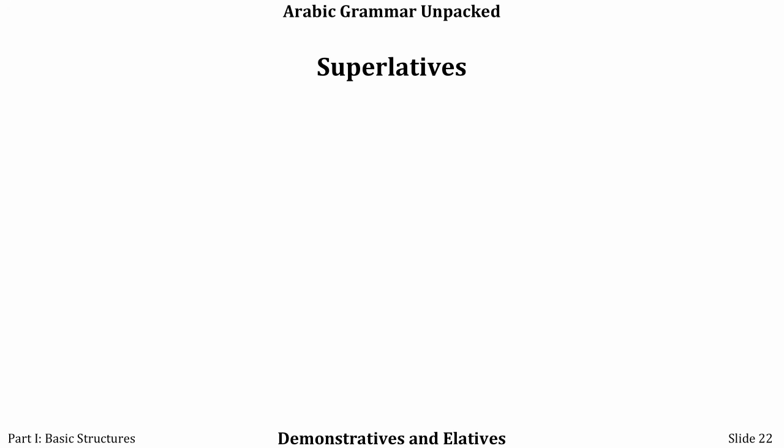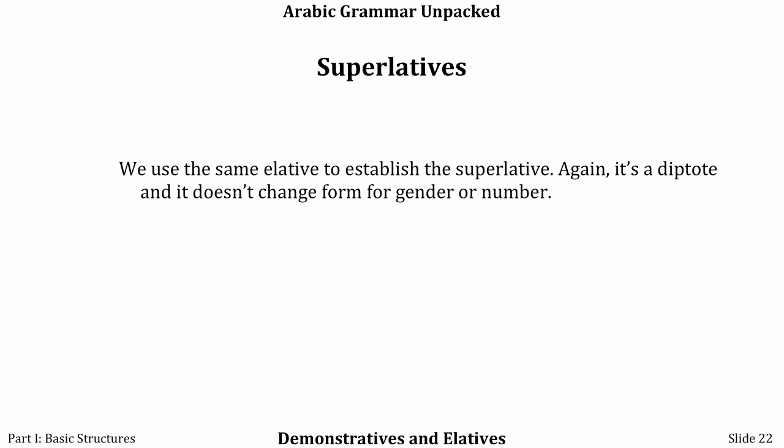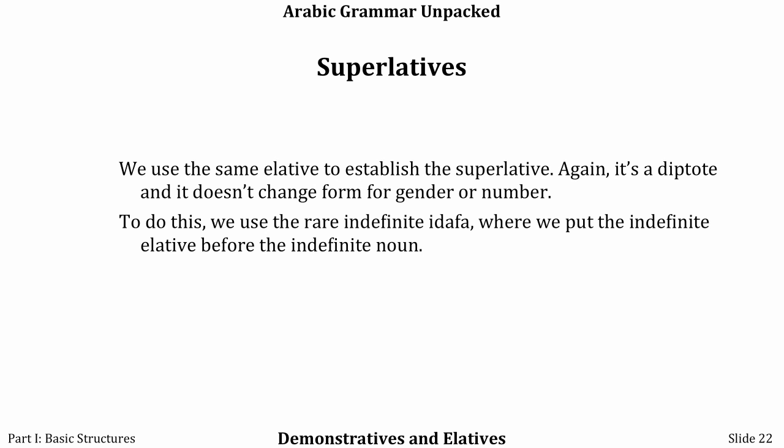Then finally, we have superlatives, better, best, more, most, and so forth. We use the same elative to establish the superlative, the same form of the same word. Again, it's a diptote, which means it can't take tenween endings, and it takes fatha rather than kasra when it's in the majroor case. It also doesn't change form for gender or number, just like when we're using the comparative.